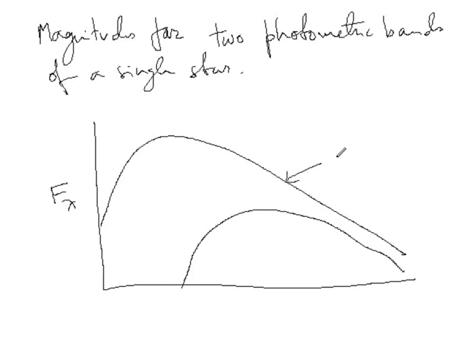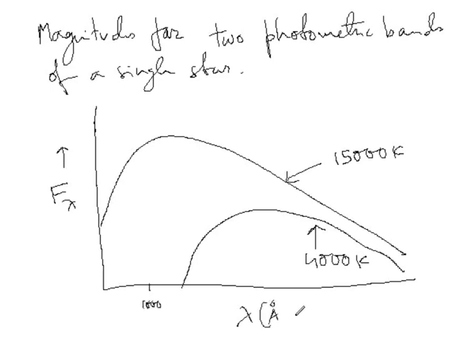Okay, now this corresponds to a 15,000 Kelvin black body, definitely, and this corresponds to 4,000 Kelvin. I am not writing the units, it's in arbitrary units, say, and the lambda here is say 1000 in angstrom, and here it is around 10,000.